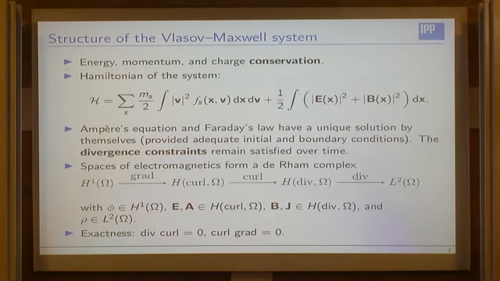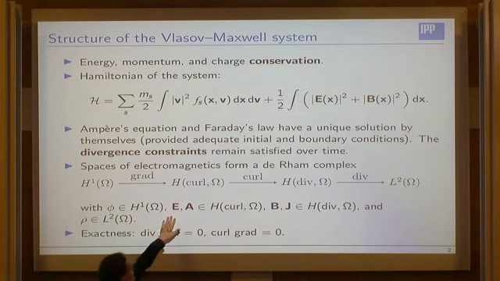And what is behind there is this de Rham complex structure. You have your fields and source terms in this de Rham complex. So you have the potential in the first, zero-form space.